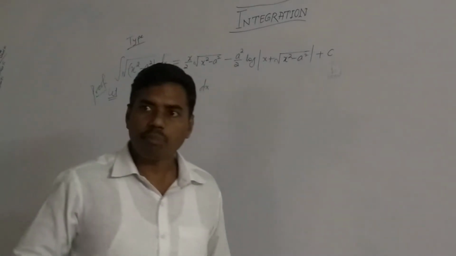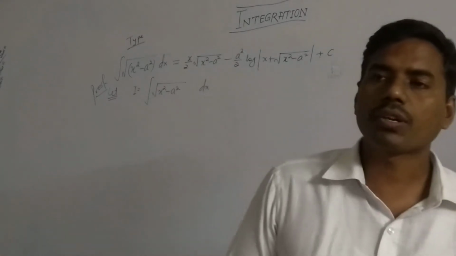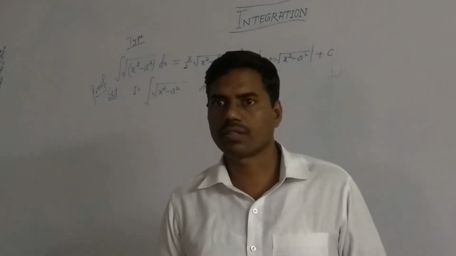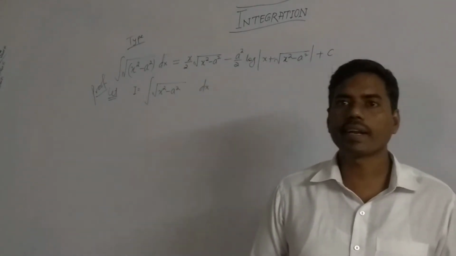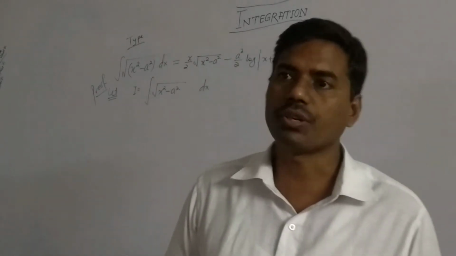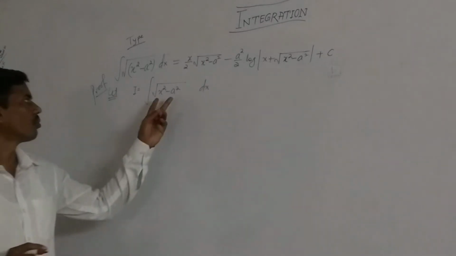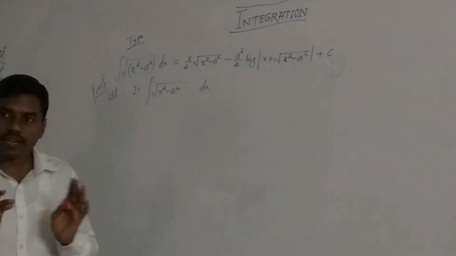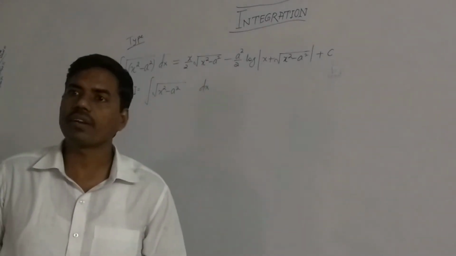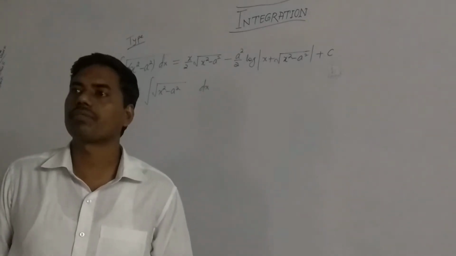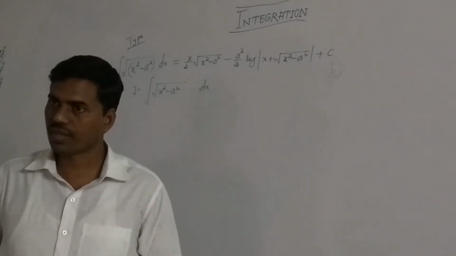Students, we have to apply the product rule of integration. The product rule of integration means integration of u into v, but here we have only u. We have only a single function. We have to make another second function, that is v.